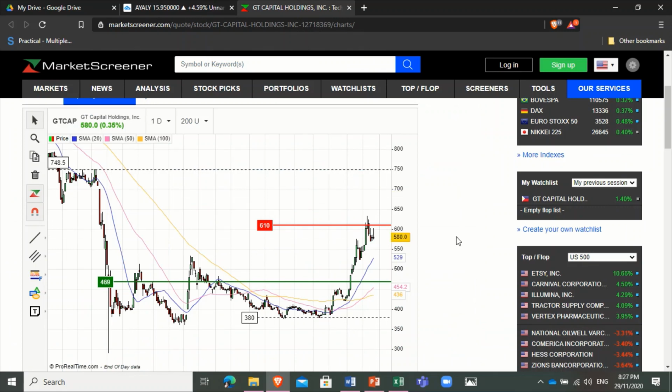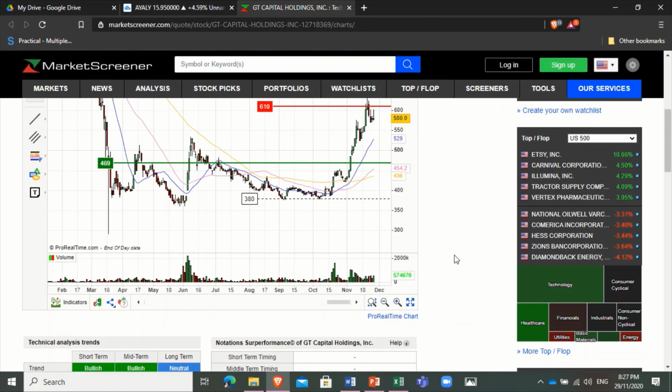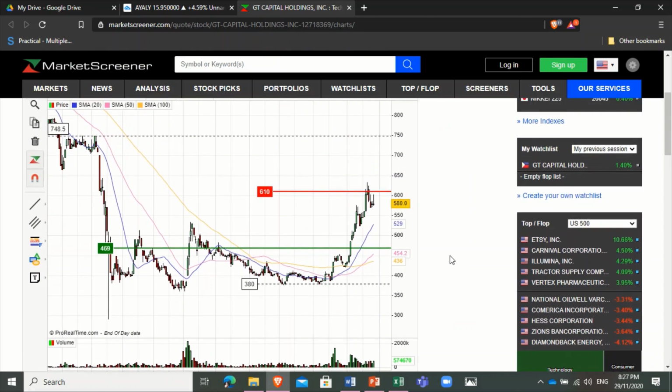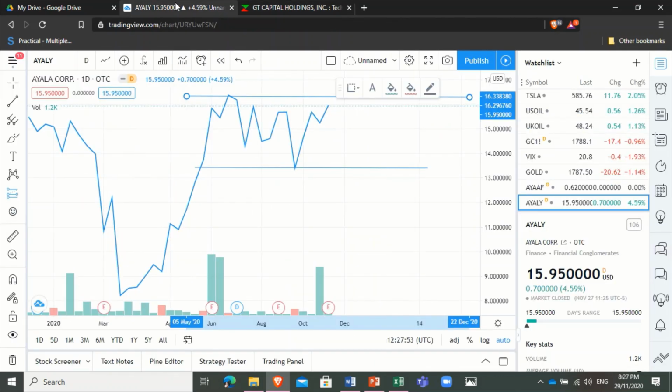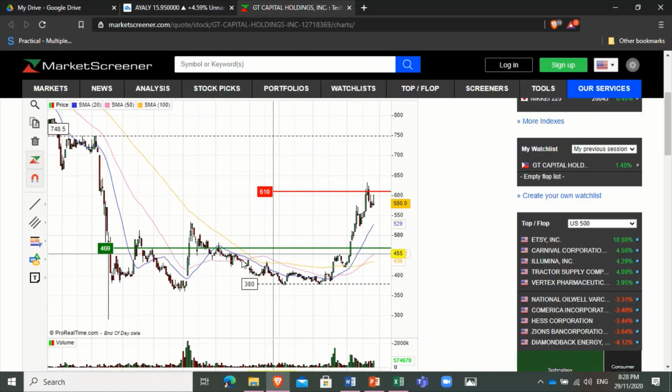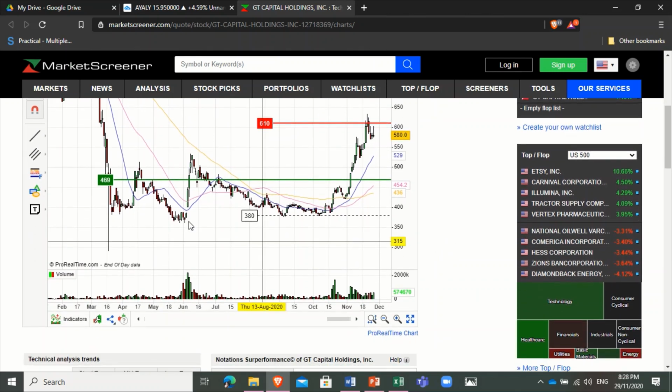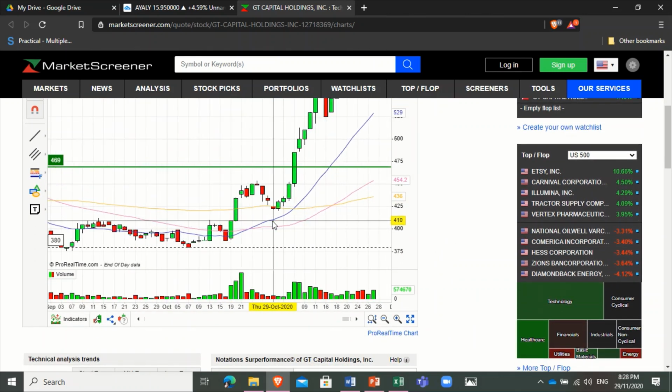This one is mas maganda siya in terms of kasi ito yung sa TradingView kailangan mong bayaran yung candlestick, more online chart lang kasi to. Yun lang ang pinagkaiba niya dito sa Market Screener. But sa Market Screener, as you can see, they're using a candlestick chart.